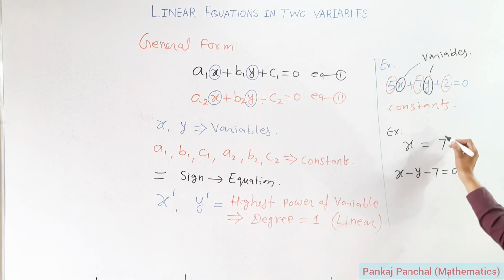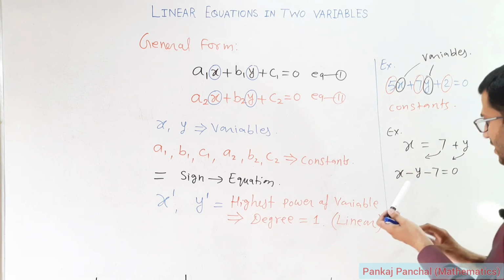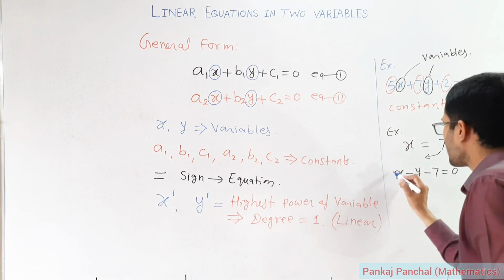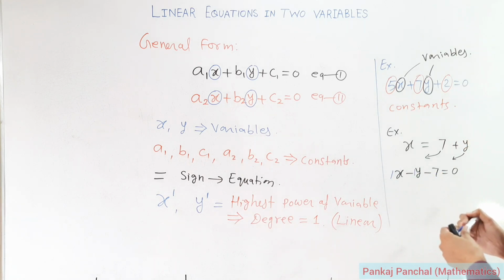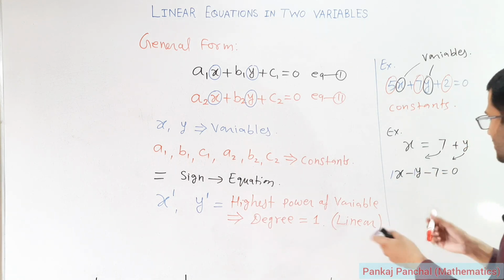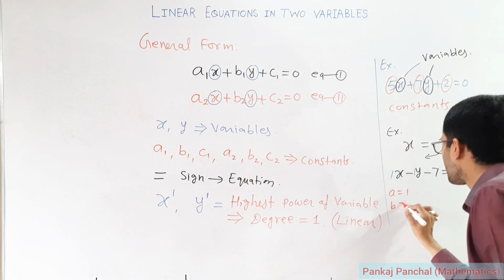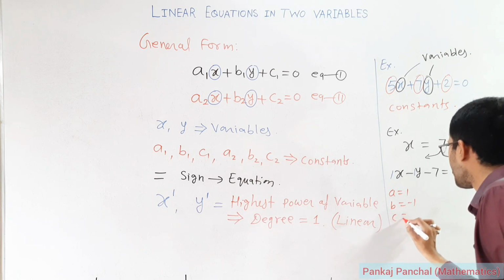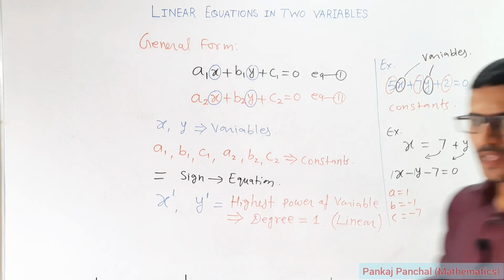Means I transferred this 7 and y to this side. Now the coefficient also, if nothing is there, it means it is 1. So coefficient means the value of a, b, c. The value of a is 1, the value of b is minus 1, the value of c is minus 7. These are examples of linear equation in 2 variables.